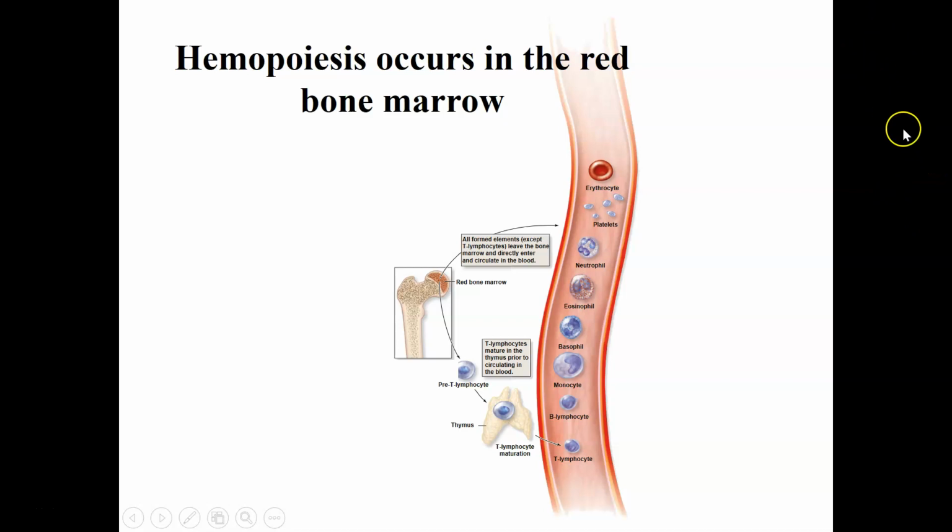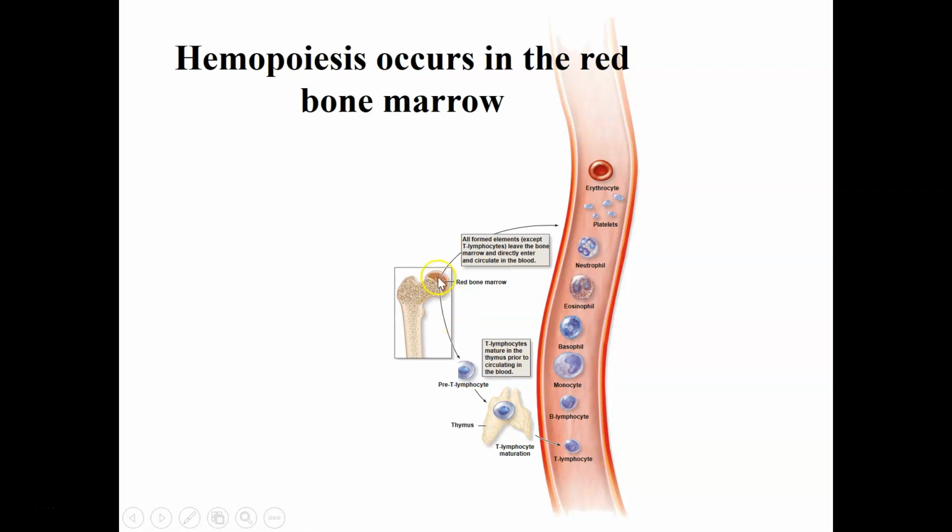So the process of formation of the immune system cells, and in fact all formed elements in blood, occurs by the process of hematopoiesis, and that's by the division of the hematopoietic stem cell that is a resident of the red bone marrow. And this is just showing the head of the femur, just like from the previous slide.